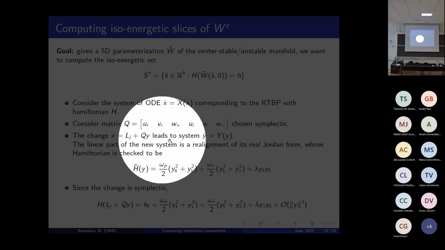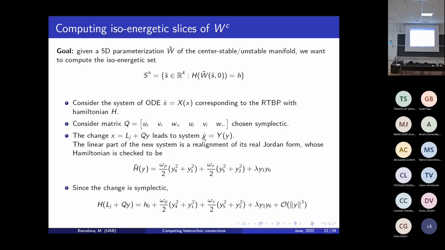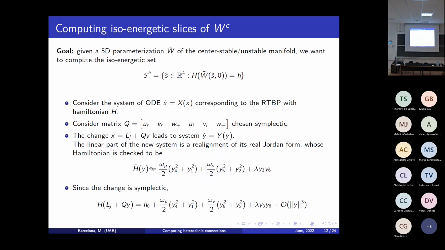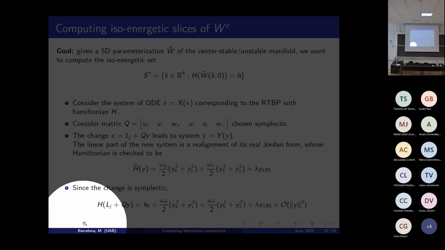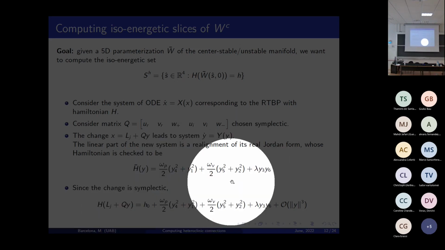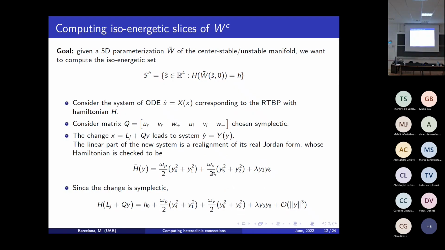takes us to a new system y dot whose linear part is a real Jordan form. So the Hamiltonian can be checked to have this form for the linear part. Since the change is symplectic, the original Hamiltonian evaluated at this change of variables will be the energy of the Hamiltonian evaluated at y equal to 0, plus the previous Hamiltonian that we have, plus higher order terms.